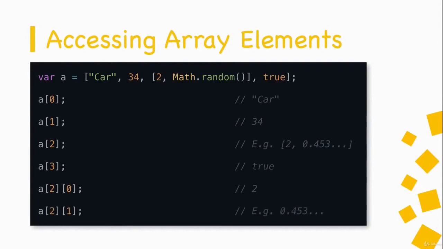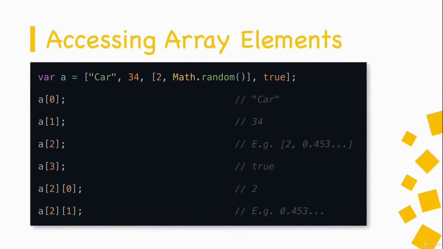And of course, A21 means the third element of the array A, which is a nested array, and then square brackets 1 means the second element inside the nested array, which is the random number. In this case, it can be something like 0.453 and so on. So this is how you can use nested arrays and access the elements inside the nested arrays by nesting and doubling square brackets.